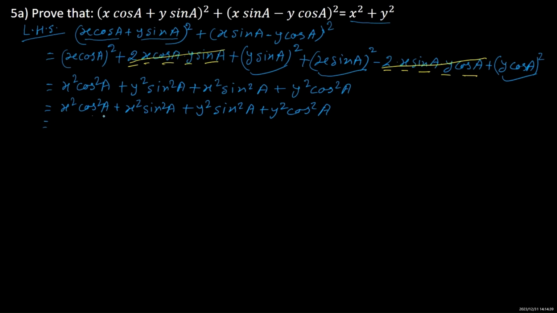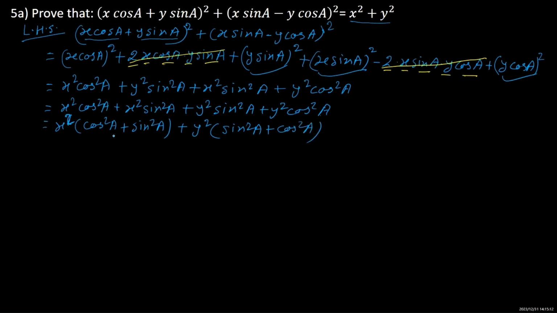Then from these first two terms, x square is common, and there will remain cos square A plus sin square A. And from these last two terms also something is common, that is y square is common. There will remain sin square A, and here will remain cos square A.